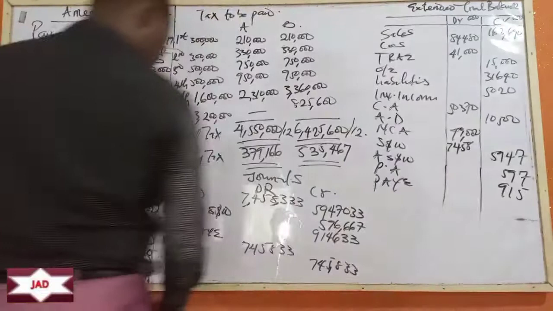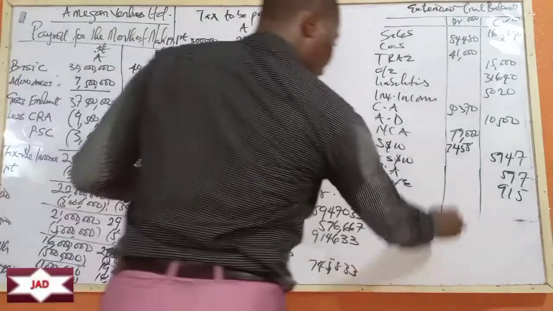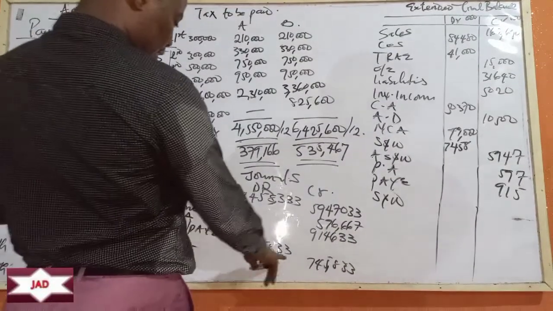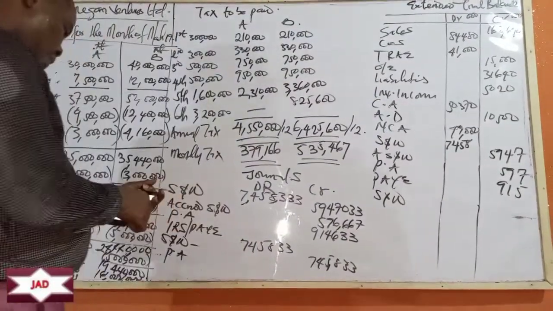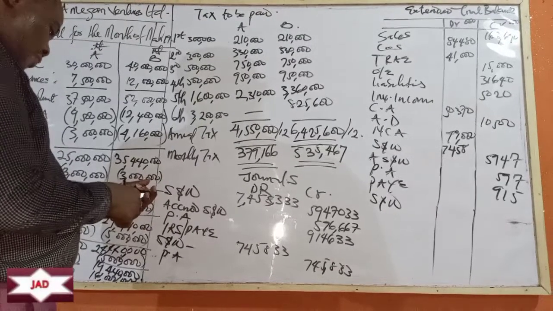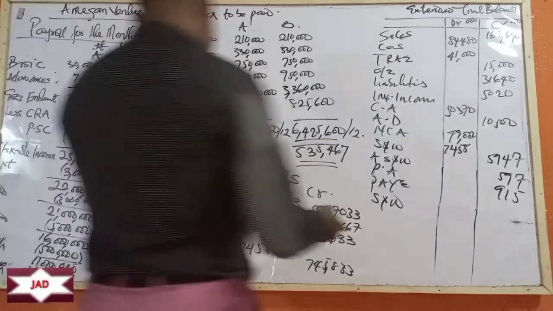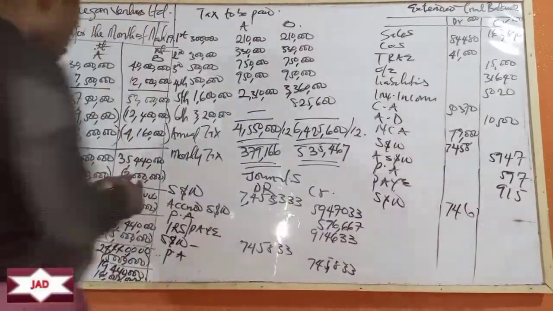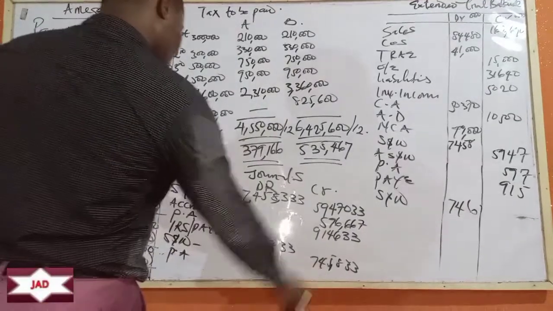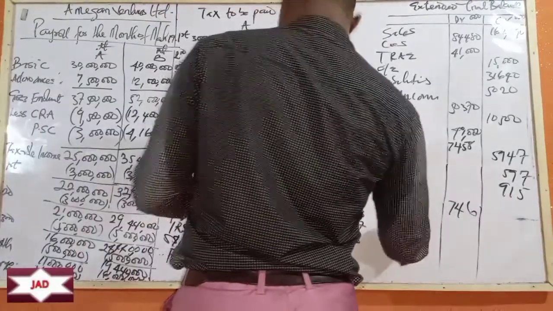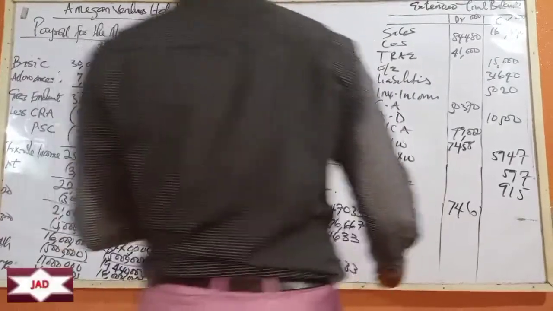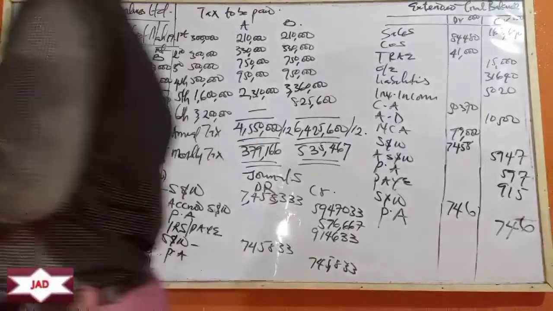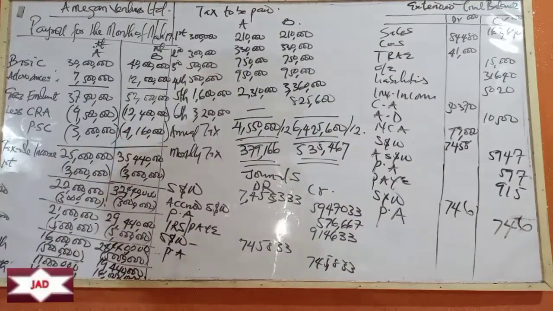The next one, salaries and wages again for the pension, 745,833 divided by 1,000, so that's 746 approximately. Next one up, pension fund administration, 746.